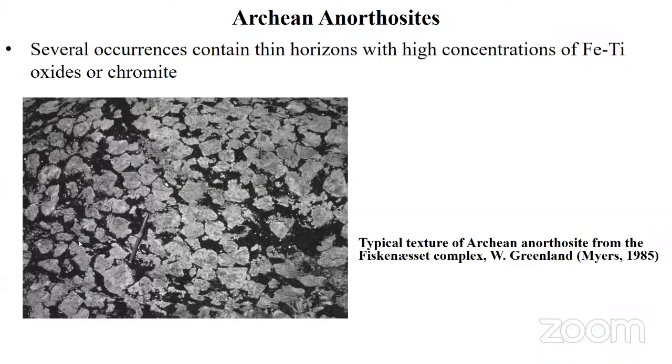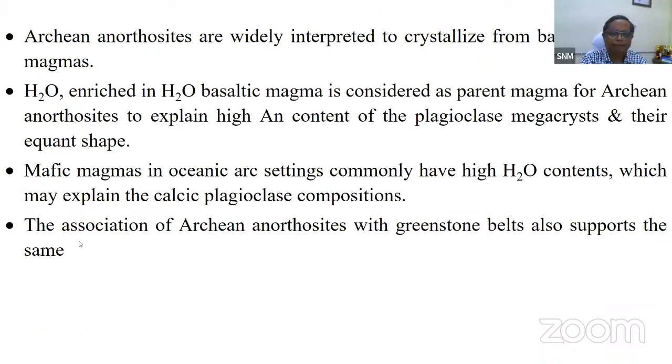So the theory is that they formed from a basaltic parental melt slightly enriched in H2O, in oceanic arc settings. That's why highly calcic plagioclases formed, and at the same time they grew to larger sizes, because the presence of H2O also promotes crystal growth, so they tend to be larger in size.